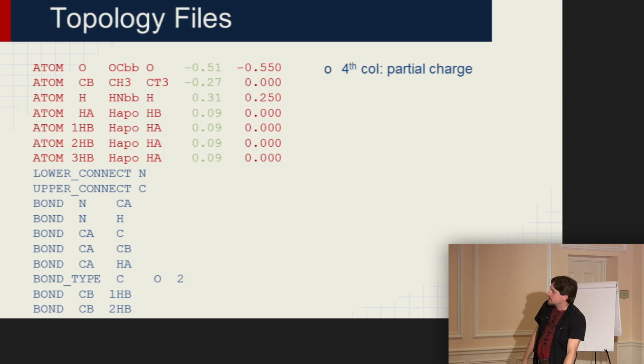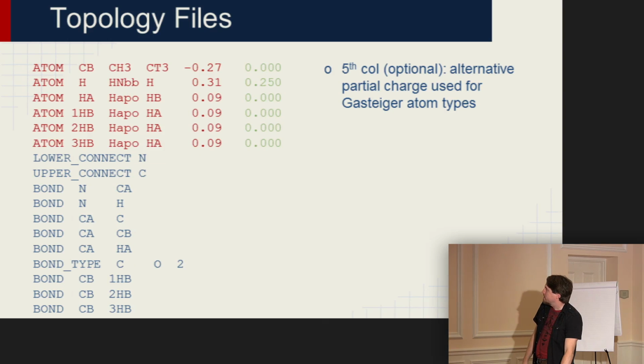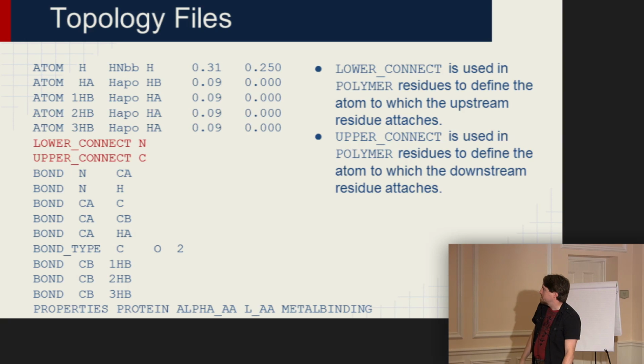Next column is your partial charge. The column after that is another kind of partial charge that has just recently been added, so I honestly don't know much about it, but I'm pretty sure it's used for Gasteiger stuff. No? It's parse charges. It's just an alternative form of partial charge. Okay, so calculated a different way. Yeah. So there's two columns you have for partial charge. This one is optional. It's been recently added. Sorry about the error there.